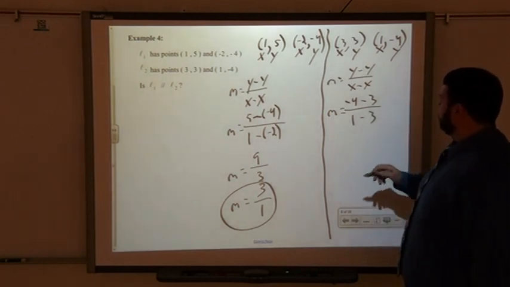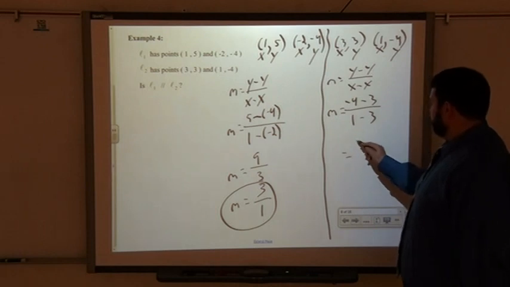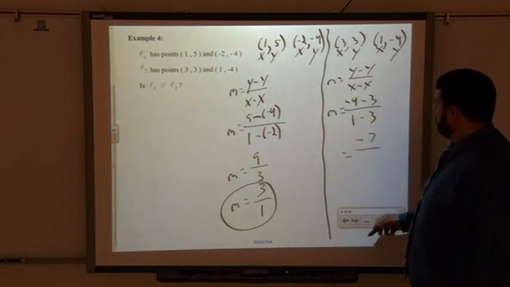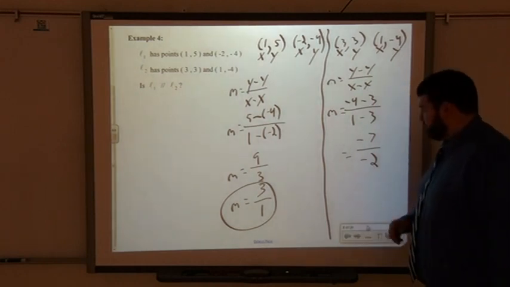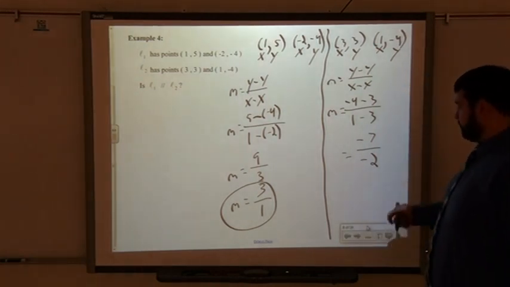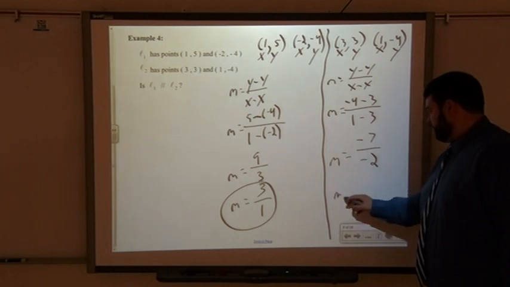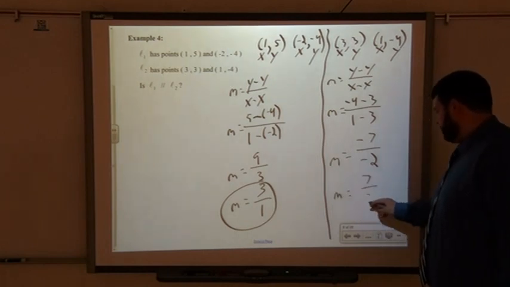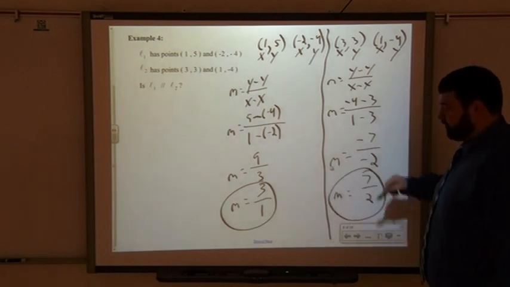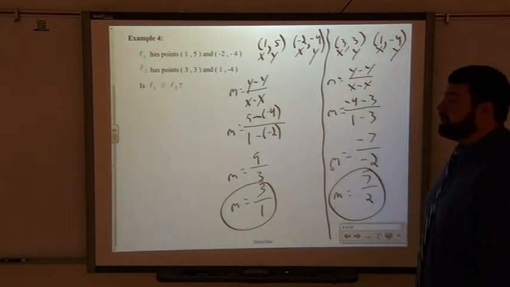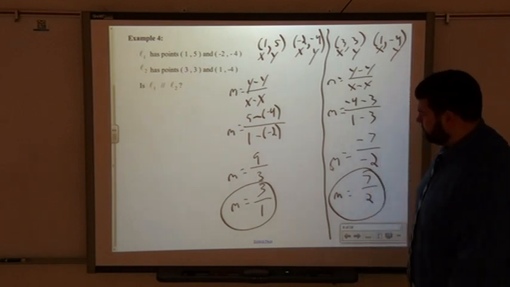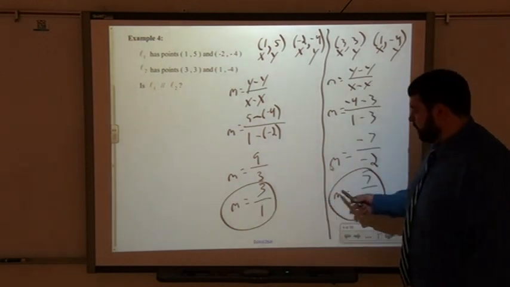So, -4 minus 3 gives me a -7. 1 minus 3 gives me a -2. Now, when I reduce this, the slope is positive 7 over 2, because if both numbers have a negative sign, I can get rid of the negatives and make the whole thing positive.